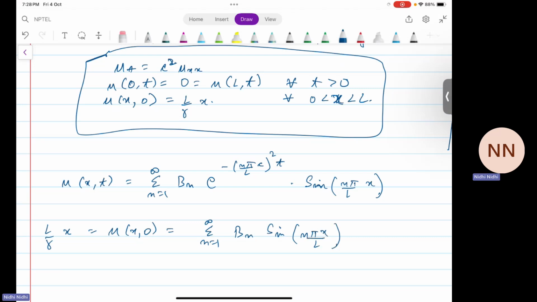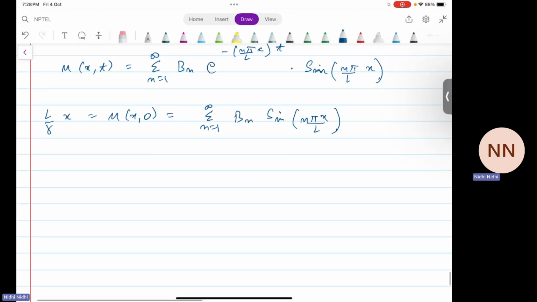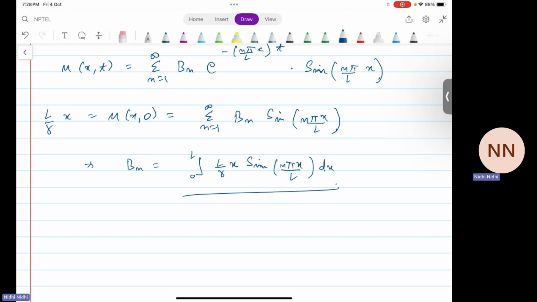From here we know how to evaluate these coefficients b_n. This b_n is equal to the integral from 0 to L of (L by gamma) x sin(n pi x by L) dx divided by the integral from 0 to L of sin squared(n pi x by L) dx.